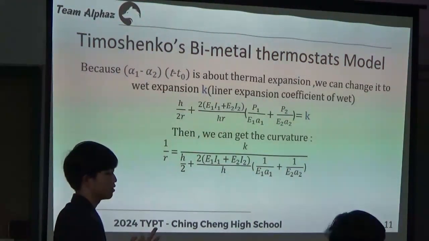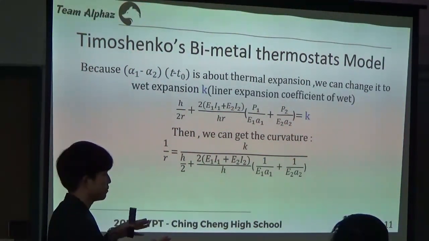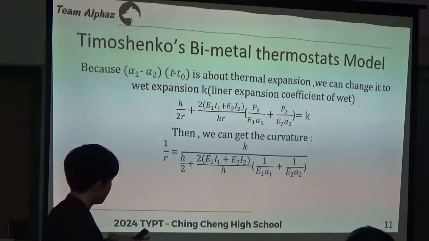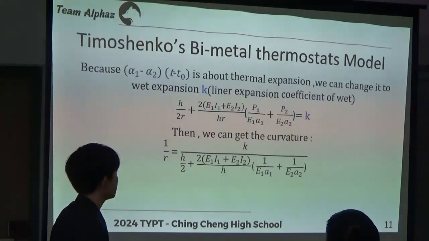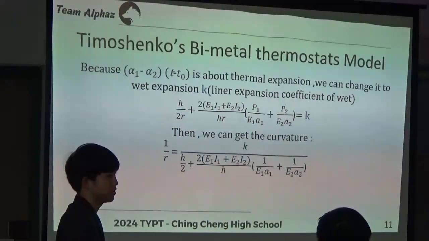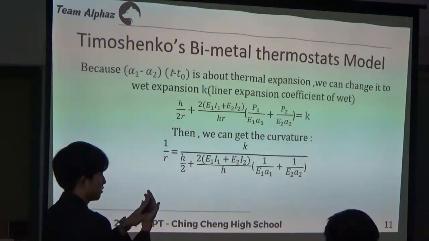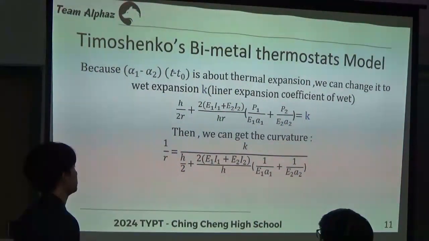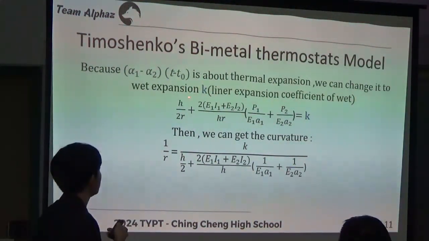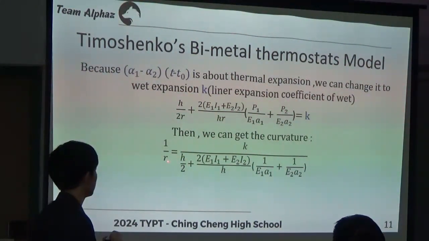Here we will imagine the upper layer and the lower layer to be two different metals with different expansion coefficients. So the lower layer will curl up toward the upper layer. And here is our quotient of the K. Then we can get the curvature over here.